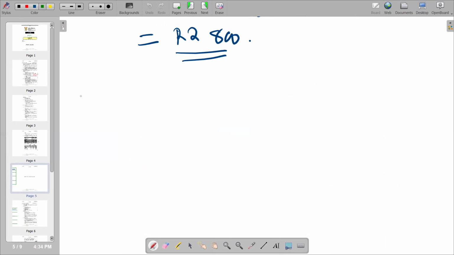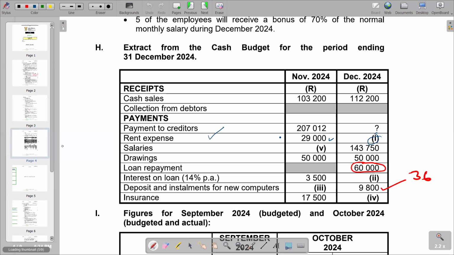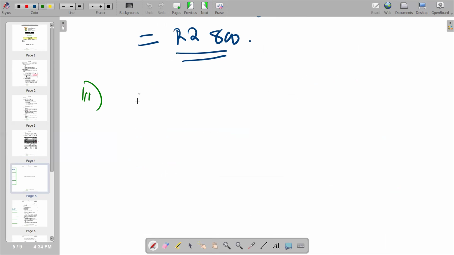So we are saying 9,800 times 36. See what do we get there. Let's use our calculators so that we multiply 9,800 by 36. So you get 352,800. So this is going to be the total monthly installments.